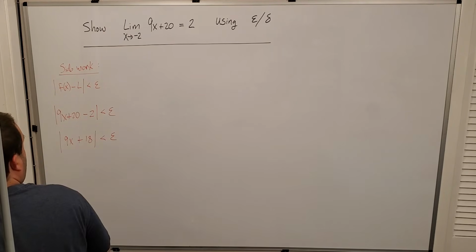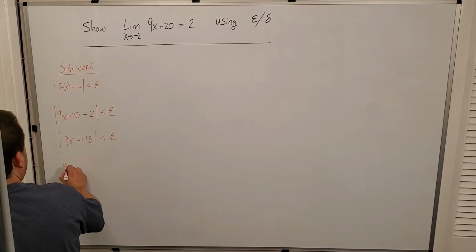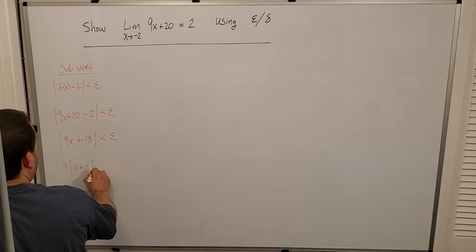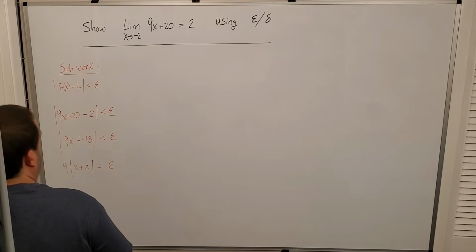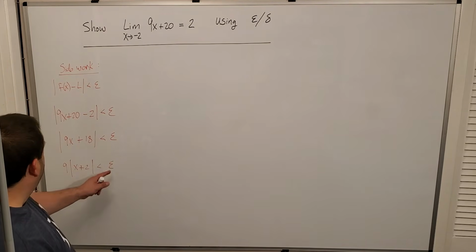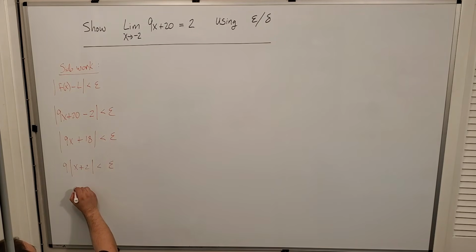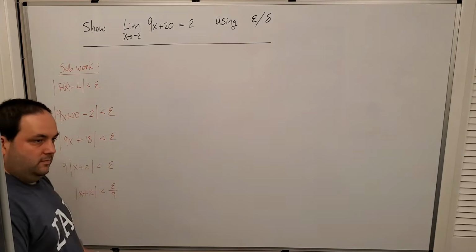I can factor out a 9, and the absolute value of 9 is still 9. So I'm left with this right here. And then if I divide both sides by 9, I notice that I can say that the absolute value of x plus 2 is less than epsilon over 9.